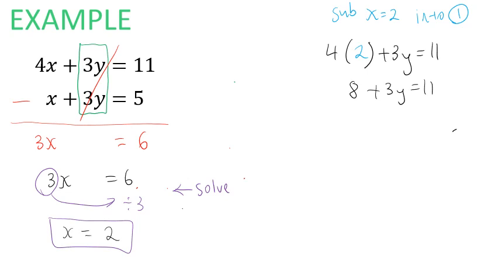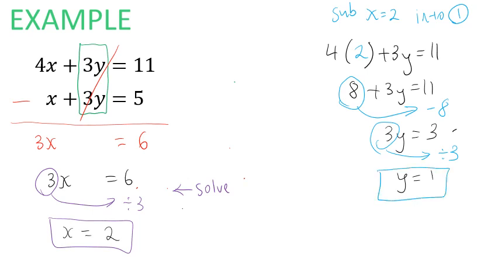Now I solve for y. So subtract 8. 3y equals 3. Divide by 3. Y equals 1. Therefore, my point of intersection is at 2, 1.